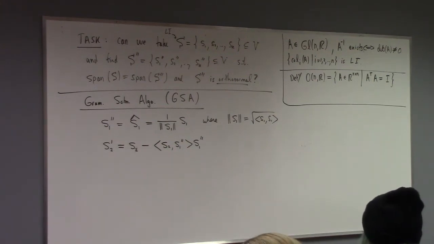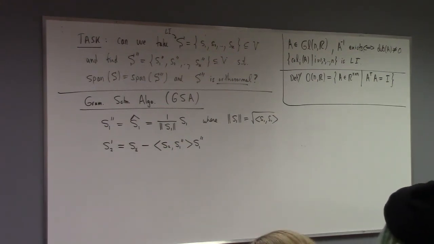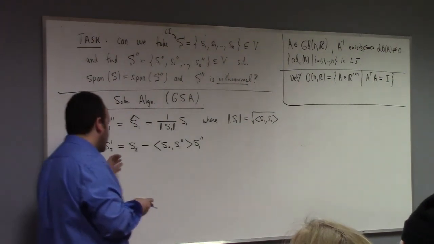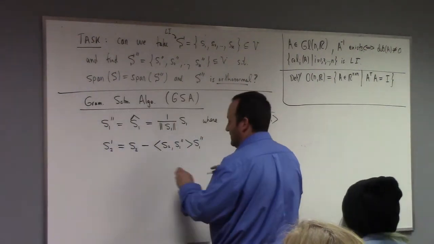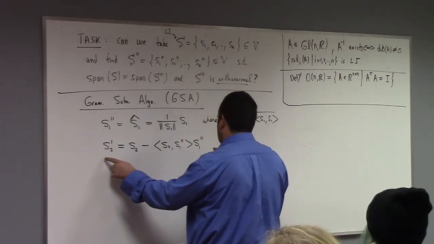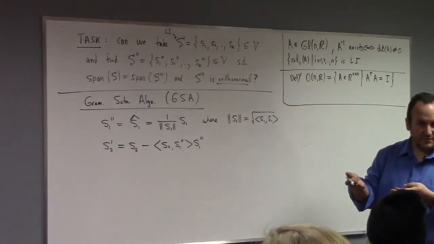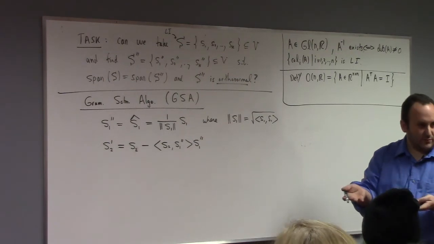So what this does is you're subtracting off the piece of S2 which is in the S1 direction, in the first direction, the 1 prime prime direction. You can prove that this gives you a vector S2 prime which is orthogonal to S1 prime prime, but not necessarily normal.